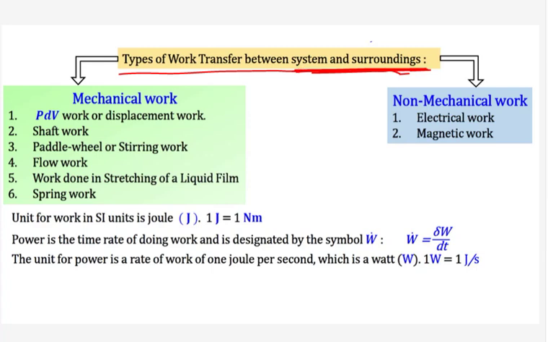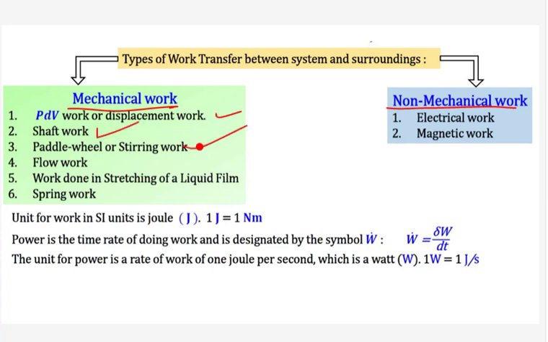Work transfer can be mechanical work, which can be divided into PdV or displacement work, shaft work, paddle wheel or stirring work, flow work, work done in stretching a liquid film, and spring work. Non-mechanical work is electrical work or magnetic work. We will study all these works one by one.